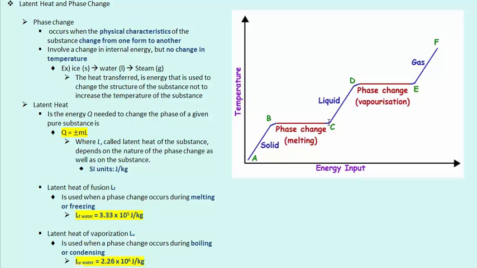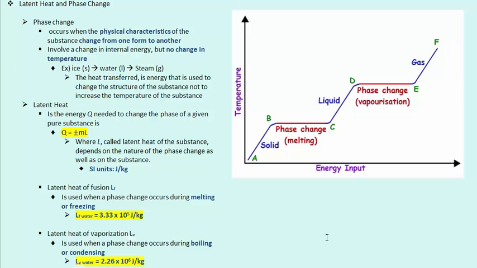Once we're in our liquid state, additional energy is added, and we see that our temperature increases until it gets to its next phase change from its liquid state into its gas state. During vaporization, there is no change in temperature. And then from there on, our temperature can increase while it's in its gas state.